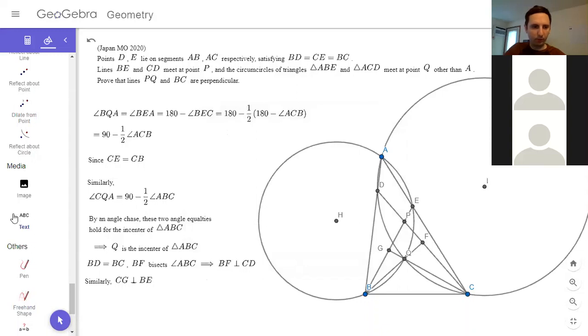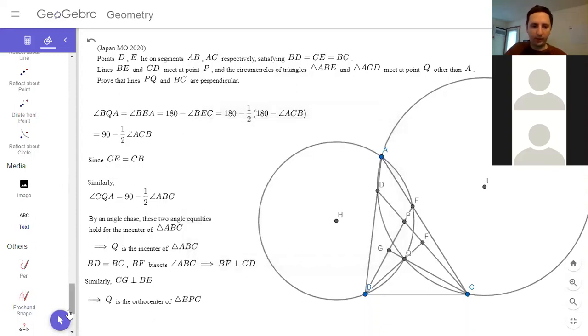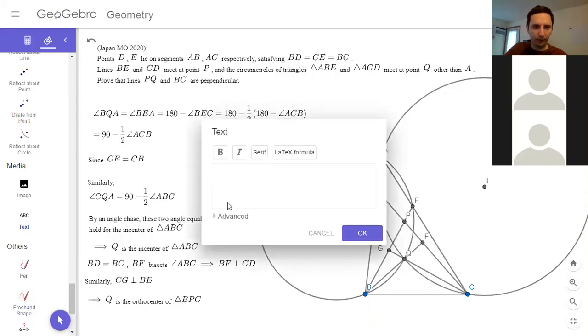And so Q is the orthocenter of BPC. And so PQ is perpendicular to BC.